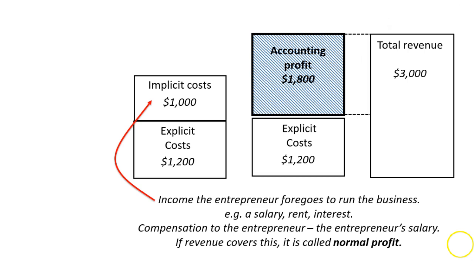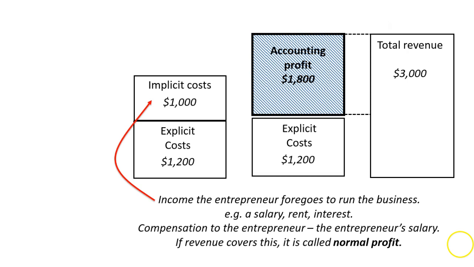Or alternatively, the entrepreneur might already own the premises in which they want to run their business. Now, they could rent that premise out and, say, earn $1,000 a week in rent. But because they're using their own premise to run their own business, they are foregoing or giving up, say, $1,000 rent.